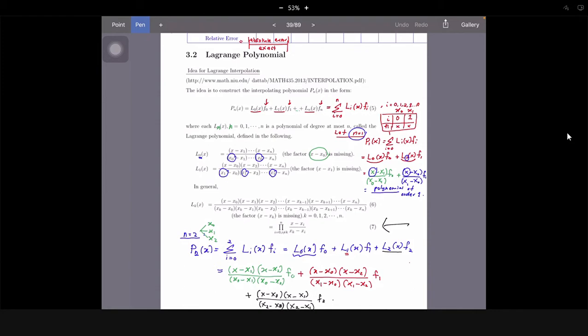Lagrange polynomial pula, dia adalah the summation of Li dengan Fi. Summation. So kita kena expand this summation depend on the value of n here. Data dia kat sini. Okay, kalau ada 3 data, 0, 1, 2, so you need to find what is the L0, L1 dan L2.